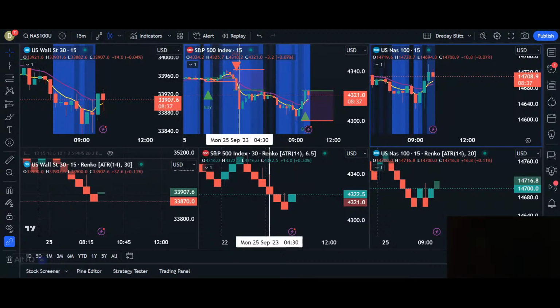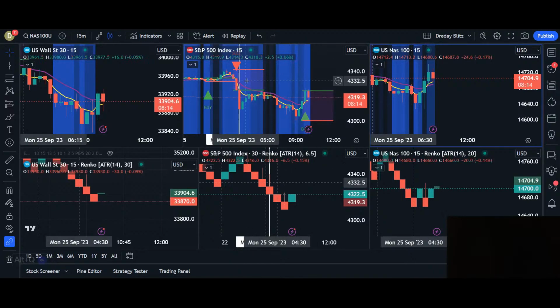As long as I see that my entry is in correlation with the Renko bar going in the same direction, I take the trade and I make sure that I put my stop loss at the top of the previous Renko bar, or the stop loss that is already on this chart.